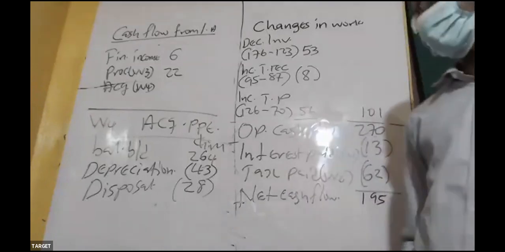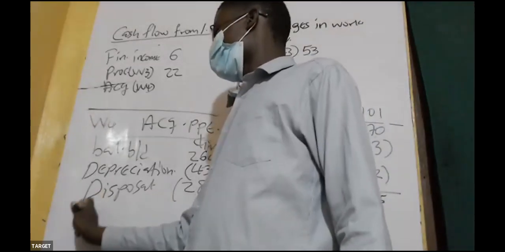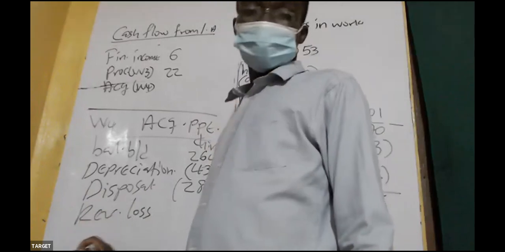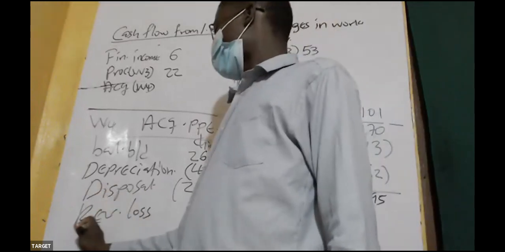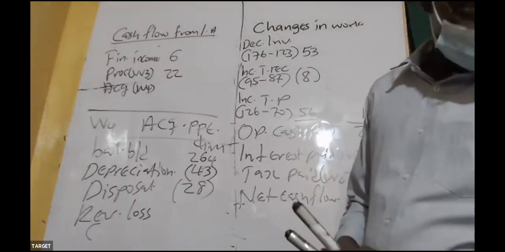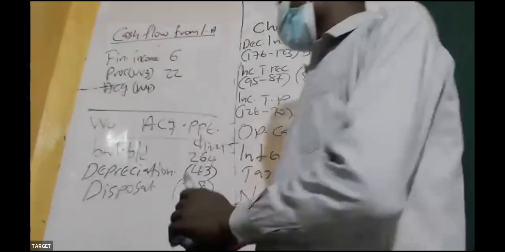Okay, so what happened is this. Right here, revaluation loss, and then do the computation. Open a bracket nicely. Do your computation there for us, all workings clearly. So let me shift the revaluation upwards a little.